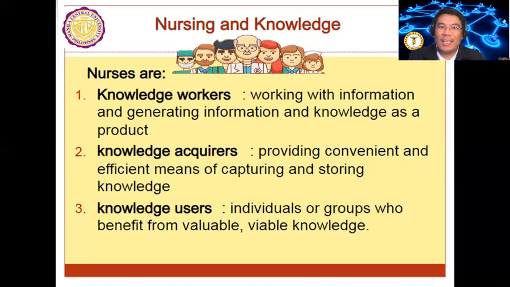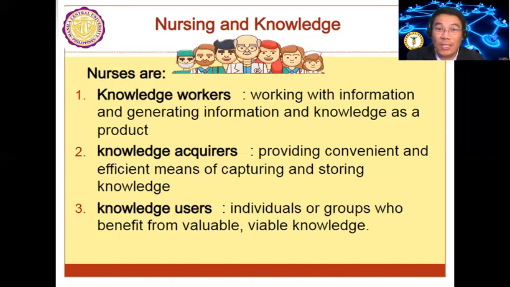So to have a review of the first three, knowledge workers are considering generating information. Our key term here is acquisition. The nurses acquire knowledge, skills, and attitude in the performance of independent practice. In knowledge acquirers, this is on how the nurse becomes more efficient in the storage of knowledge and information through the maximum use of available resources.